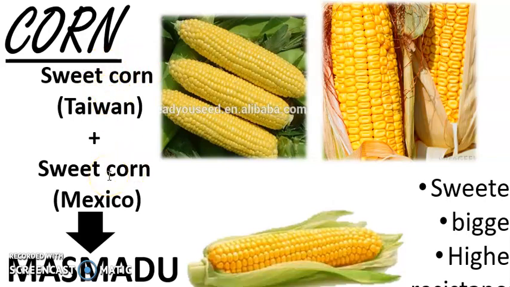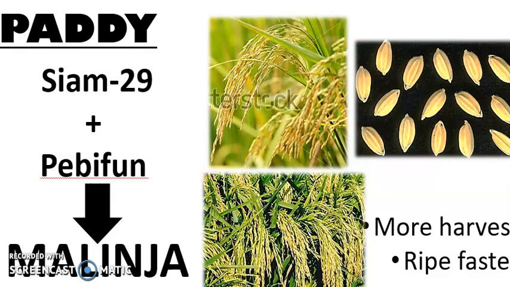It will combine with the sweet corn from Mexico. We will get Mas Madu, which is sweeter, bigger, higher and has higher resistance. Okay, next one is the paddy. Siam 29 plus Pavifone, we will get Malinja.